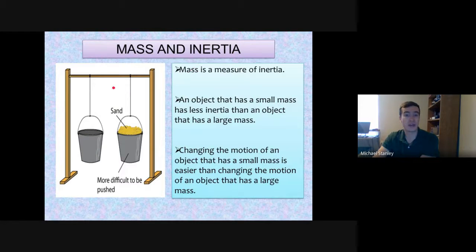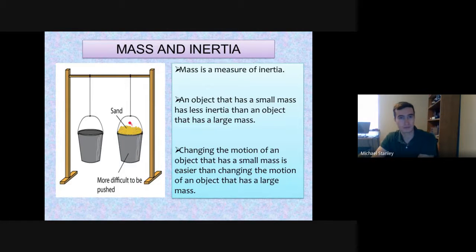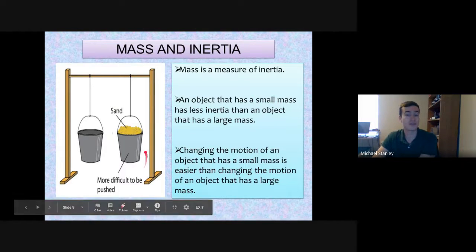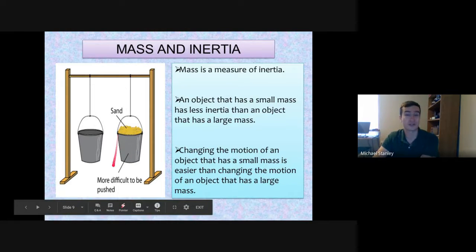Inertia says that this bucket is going to be easy to move, and this bucket is going to be harder to move. Because this bucket is heavier, it has more mass, and so it's harder to get it to start moving than this one.